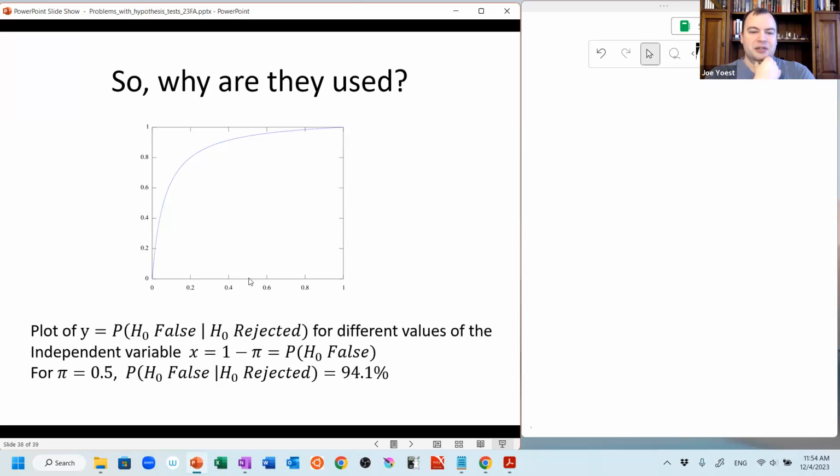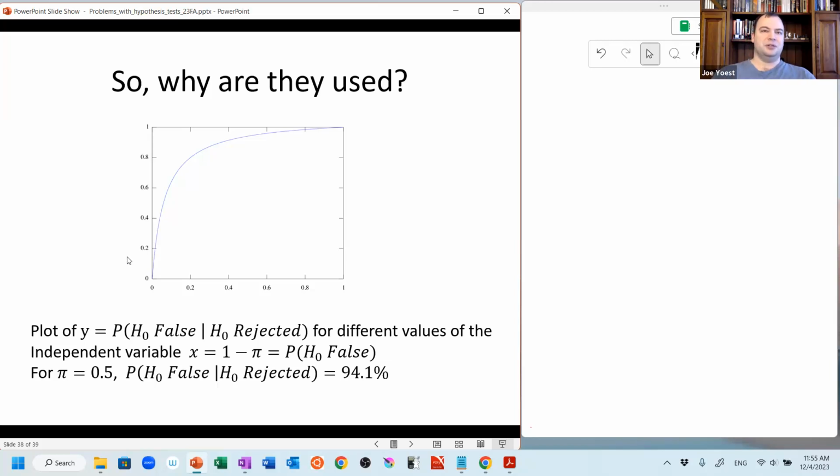But we notice that, okay, if the probability of H naught false was very low, like our bank robber, right? If the probability a person pulled off the street is not innocent, but guilty of bank robbery, is very low, if I'm on the left side of the graph over here, I see that it's very unlikely that it's false, given that the frequentist rejected it.